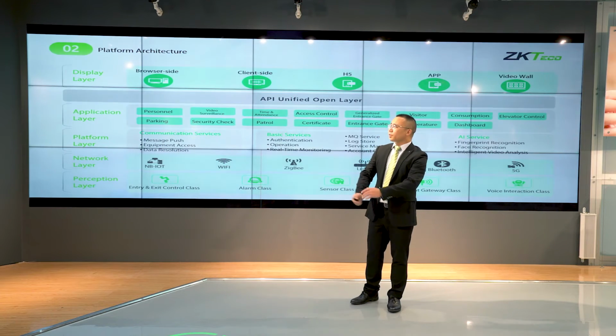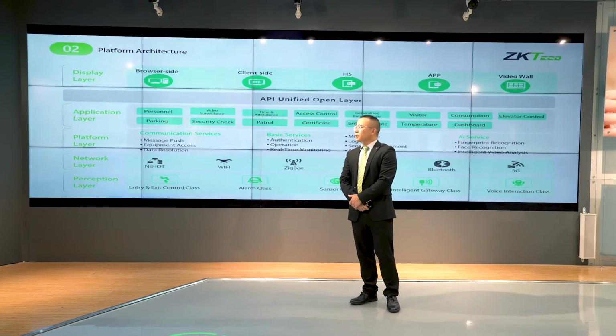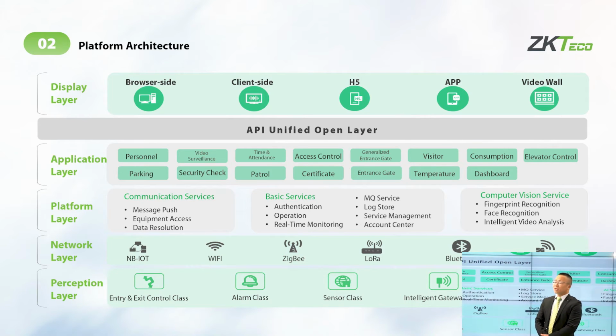Next part, let's talk about the software architecture. We can see there are five layers. The first is the sensor layer. The second is the network, then platform, application, and also display layer.